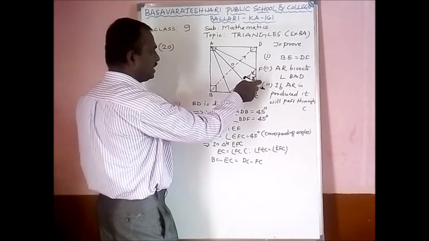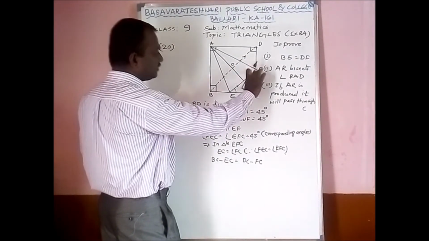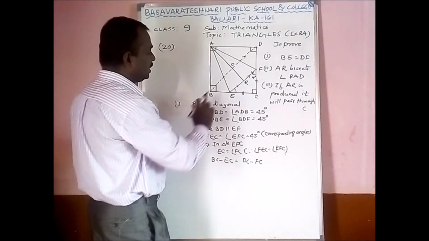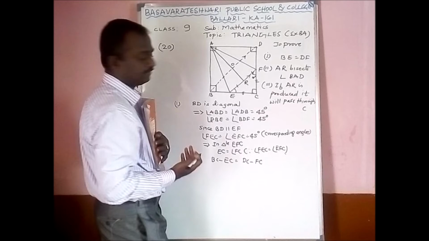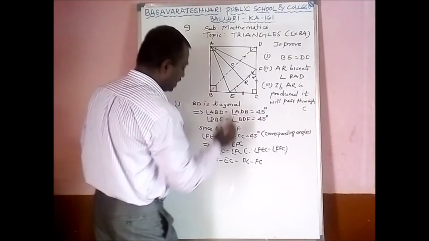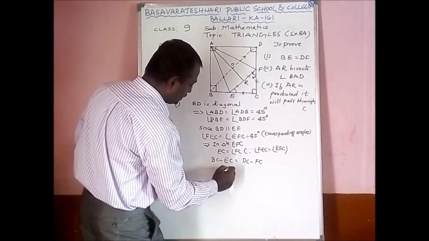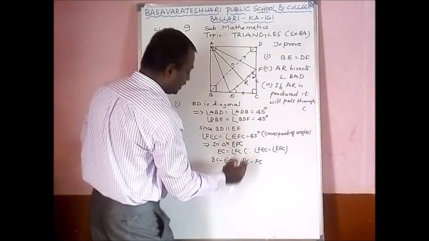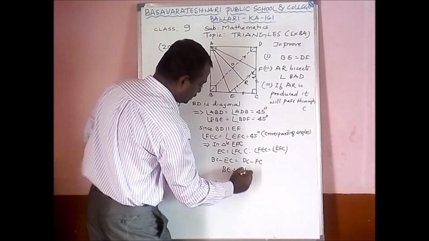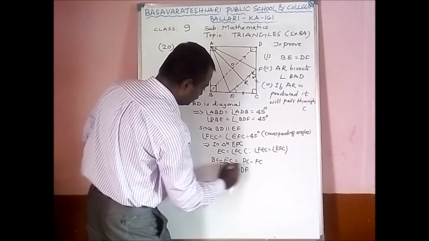BC and CD are equal, EC and FC are also equal. If I subtract equals from equals, we will get equals only. So therefore BC minus EC, I will get BE, is equal to DC minus CF, which is DF. So this is the first proof.